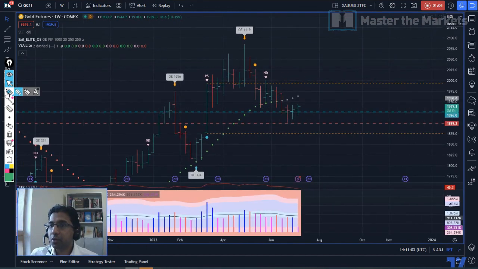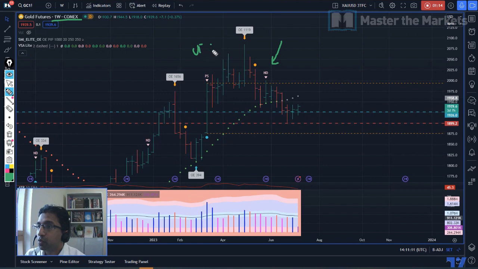Now, gold futures on the weekly time frame. Remember, in last week's video we looked at this, which was an uptrend phase 2. We always define the trend and we define the phase, okay? And we're easily able to do that because of the Smart Money indicator projection of the tops and bottoms.